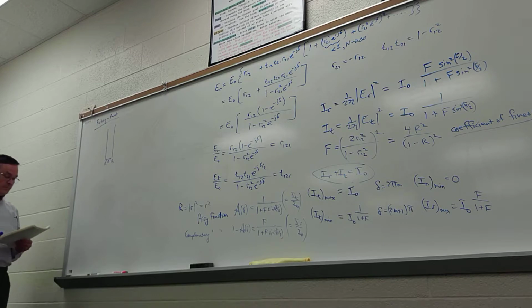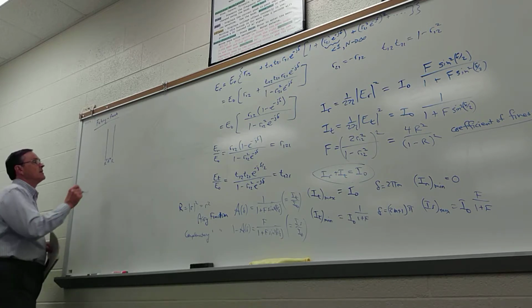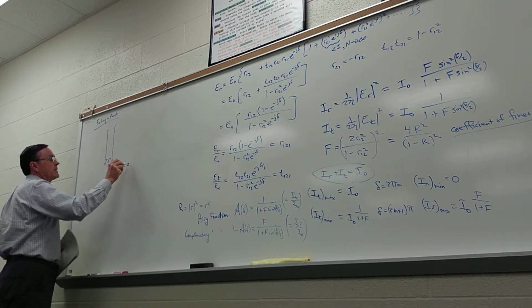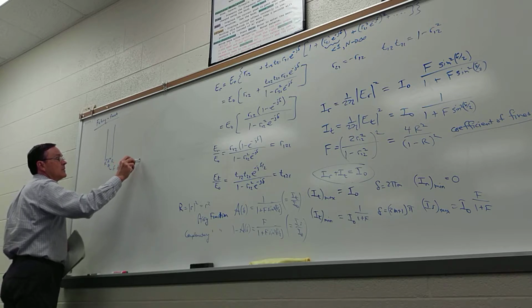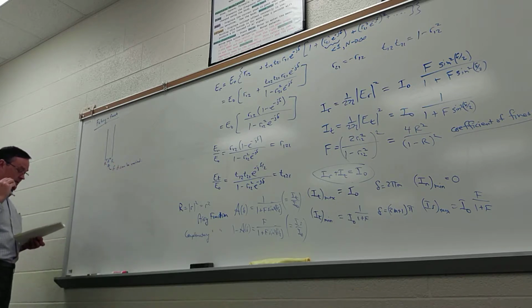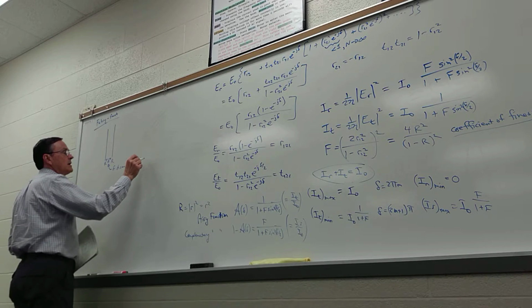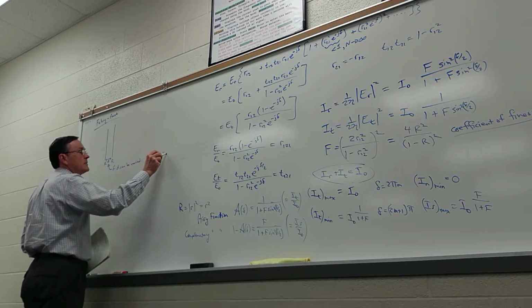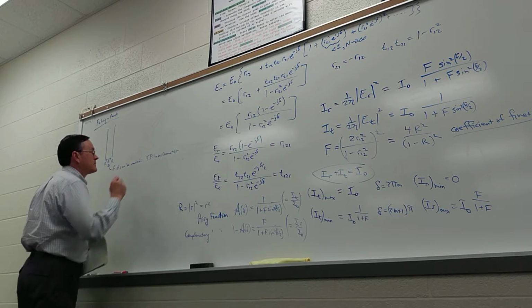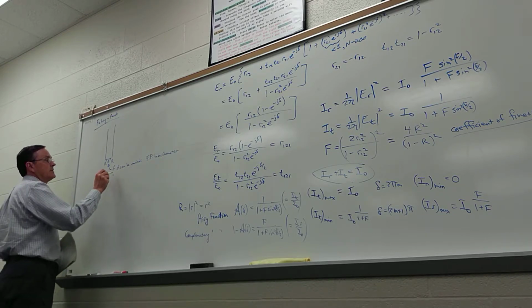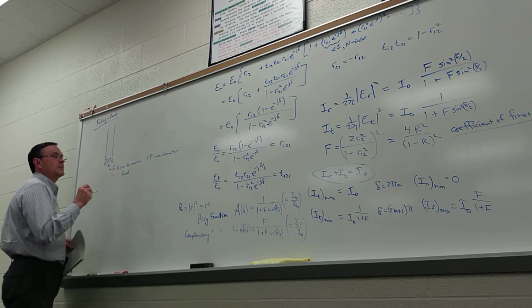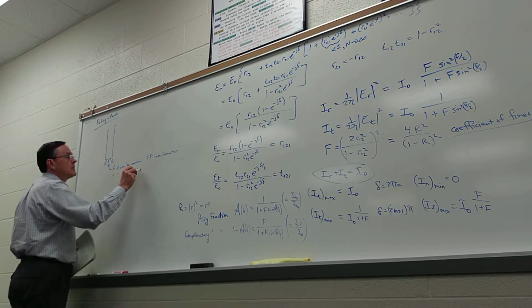Now, if d can be varied, then properly speaking, we call this a Fabry-Perot interferometer. On the other hand, if d is fixed, then properly we call it an etalon.